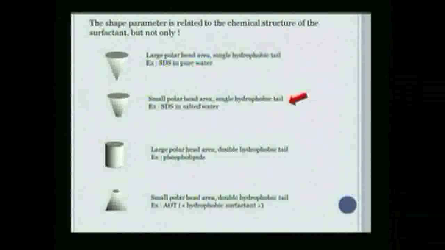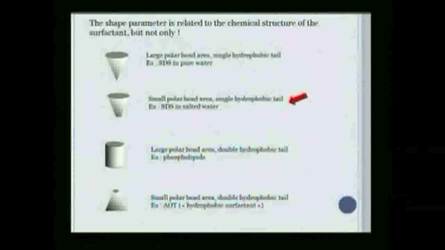SDS in pure water has this type of shape parameter, so a high spontaneous curvature. But if you put SDS into salted water, then you decrease the spontaneous curvature. Why? Because remember, when you have salt, the polar heads can be closer to each other than when you don't have salt, because there are less electrostatic repulsions.